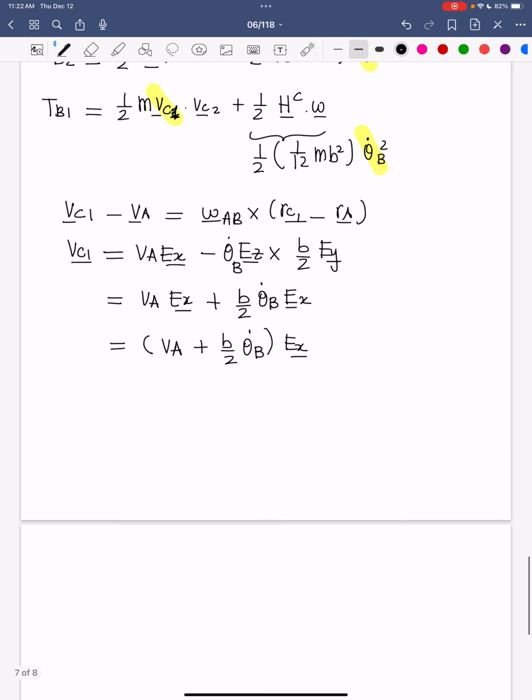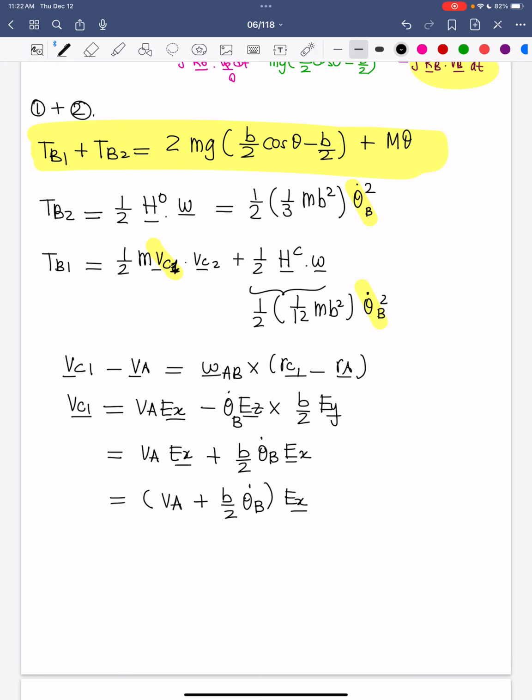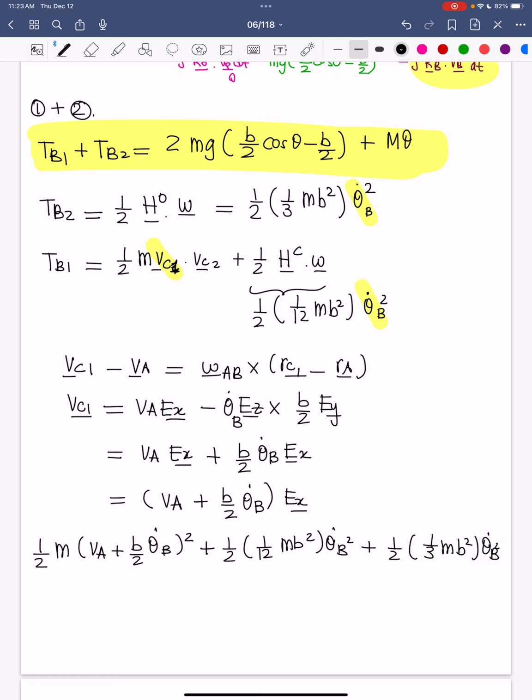Now if I replace this in the initial equation, I will get half m vA plus b over 2 theta dot B squared plus 1 over 2 times 1 over 12 mb squared theta dot B squared plus 1 over 2 1 over 3 mb squared theta dot B squared is equal to 2mg b over 2 cosine theta minus b over 2 plus m theta.